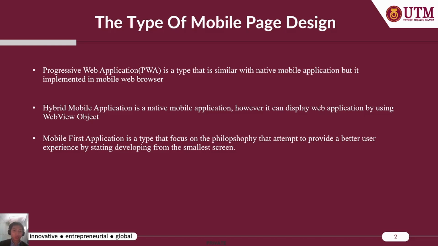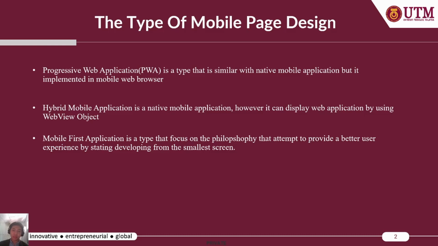A hybrid mobile application is a native mobile application. However, it can display a web application by using a web view object. So it has a container. A web view object is a container where the application can put the mobile web in a native mobile application. The third one is the mobile first application.